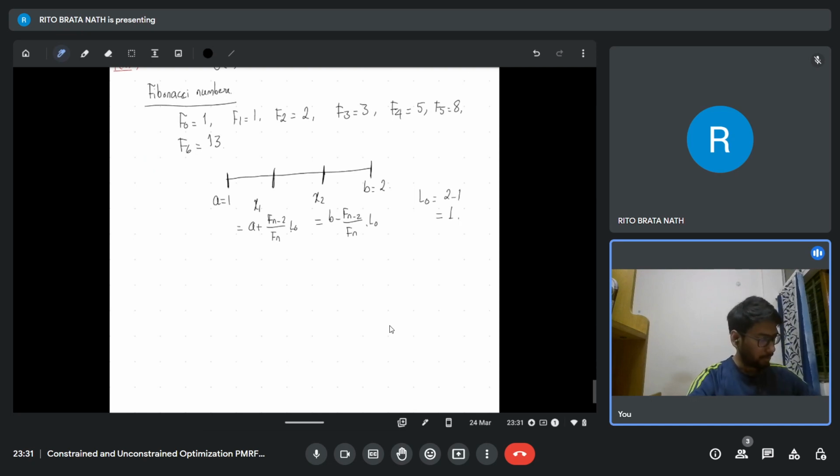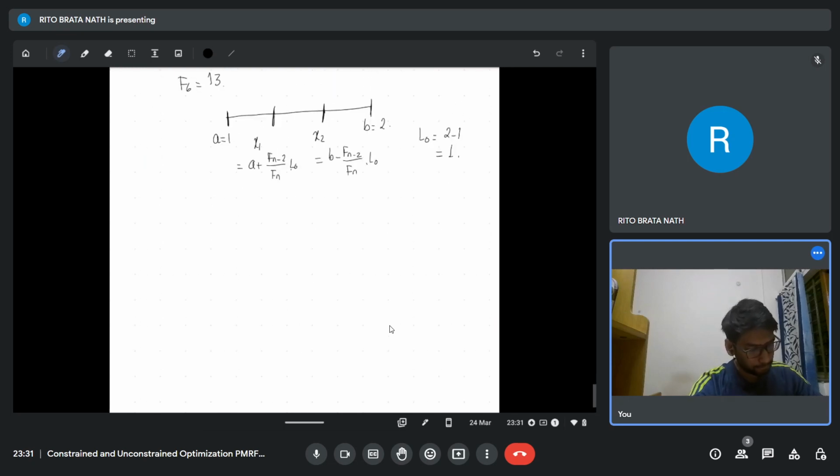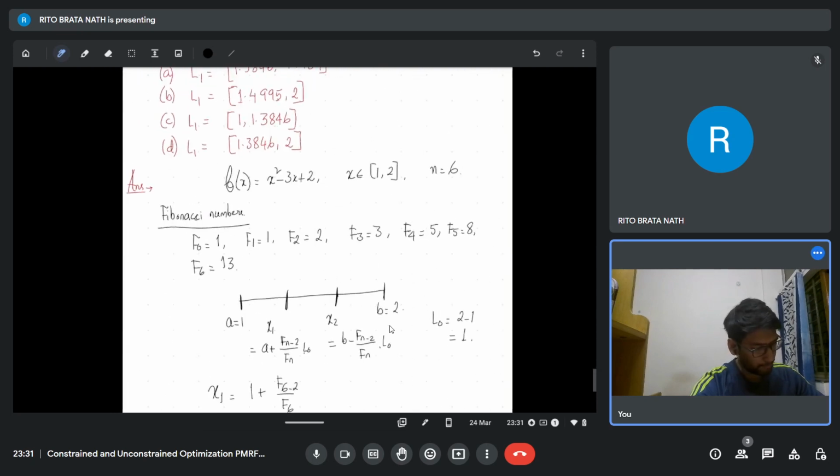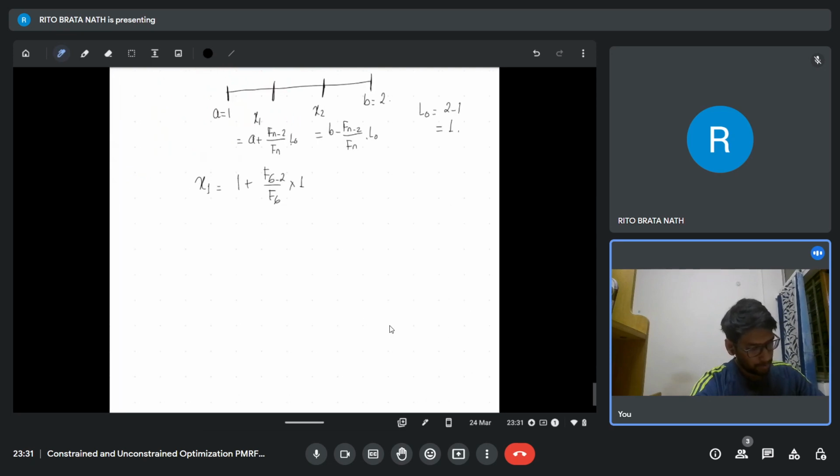Now let me find out what x1 and x2 are in this problem. Sorry, n is 6 in this problem. So x1 is 1 plus f4 by f6, and x2 is 2 minus f4 by f6.